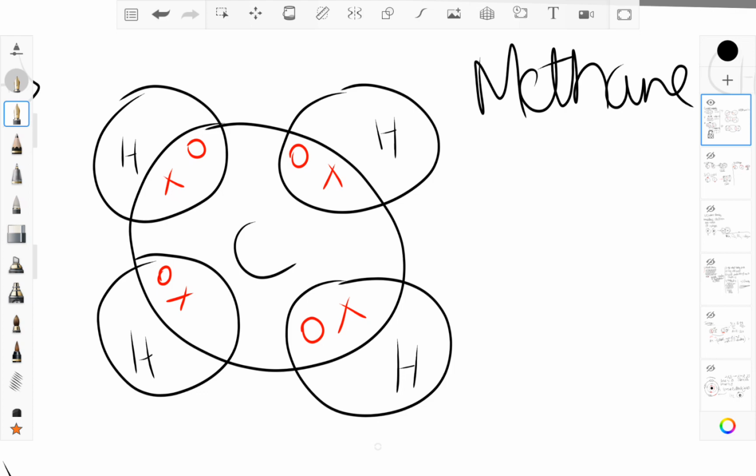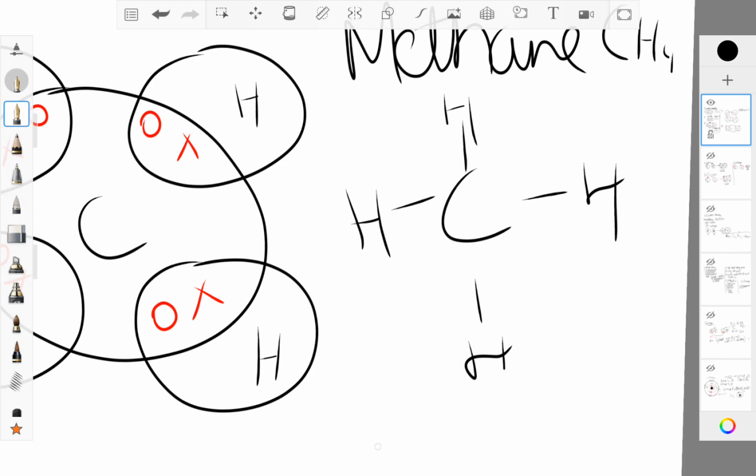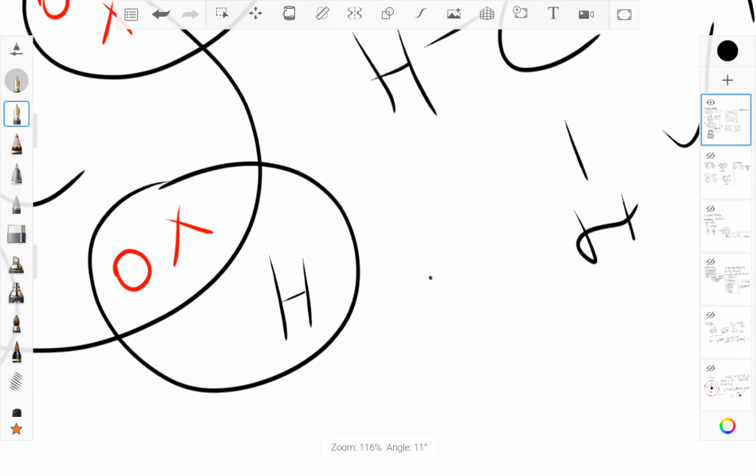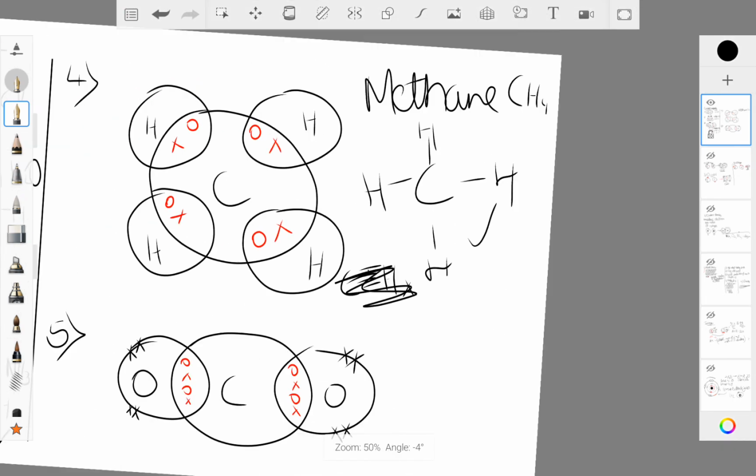That's because carbon has 4 valence electrons, and all 4 of these valence electrons are being used to form covalent bonds. So you can represent it as this, H. So this is correct. Don't do something like this. This is wrong. Never do something like that.